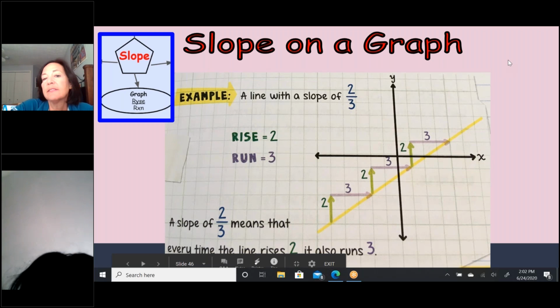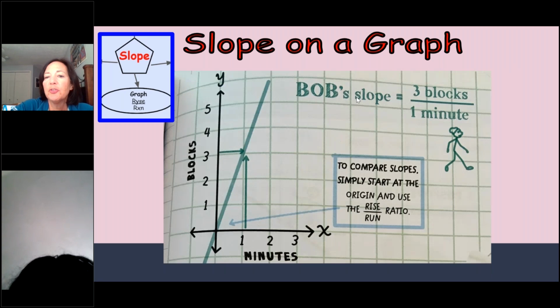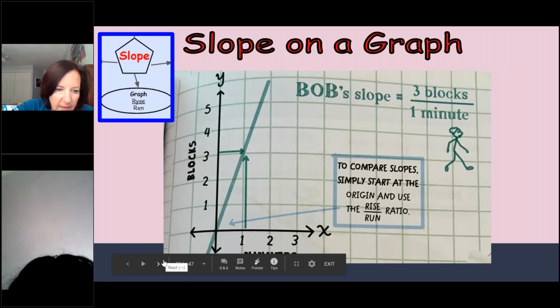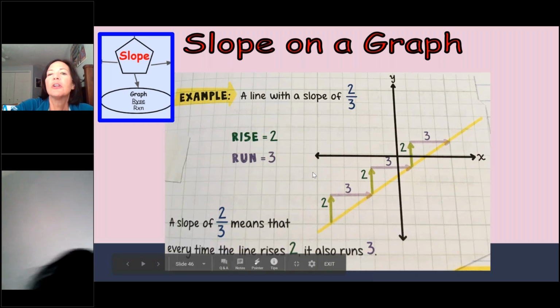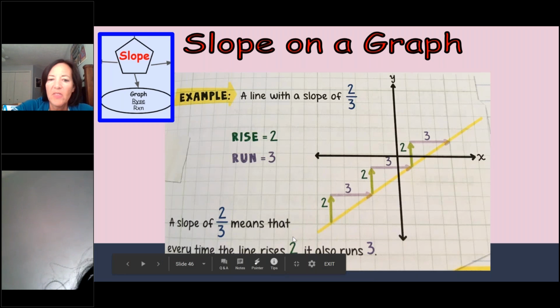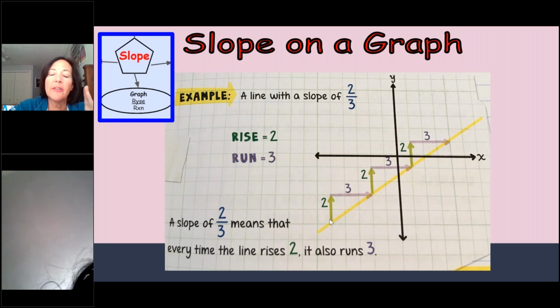So this is a line, and they're telling us that our slope is 2/3. So here's our line in yellow here. You can see they took a point on the line. And in order to get to a second point on the line, we're only allowed to travel on the grid lines.